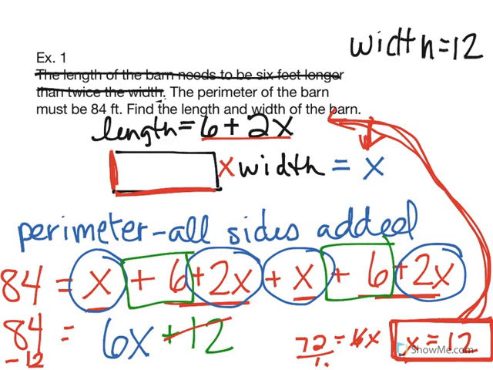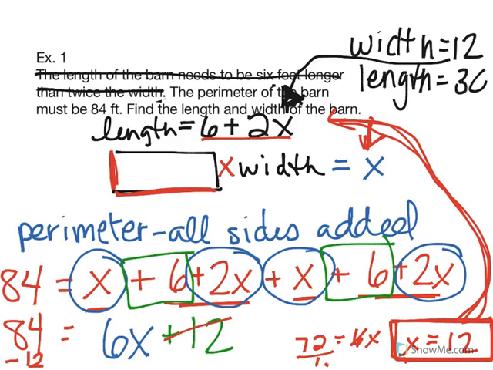We then have to put that width back in for x in order to find our length. Because remember, our length was 6 feet more than twice the width. Now that we know the width is 12, twice the width is 24, and 6 feet more than that gives us a length of 30 feet.